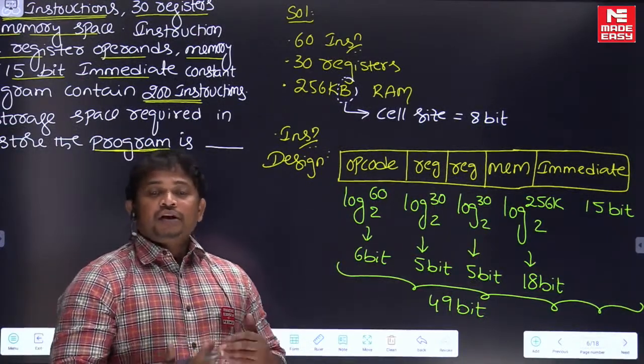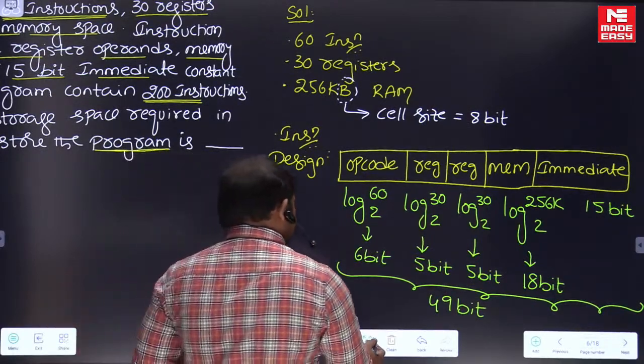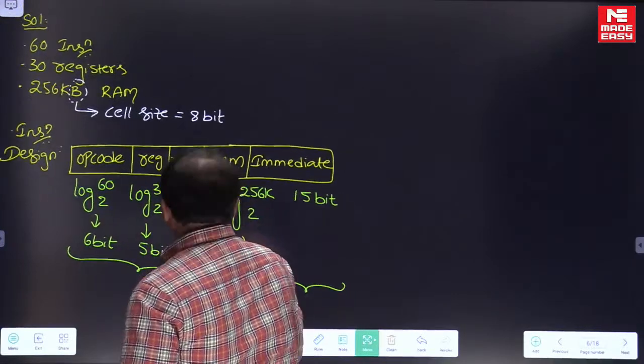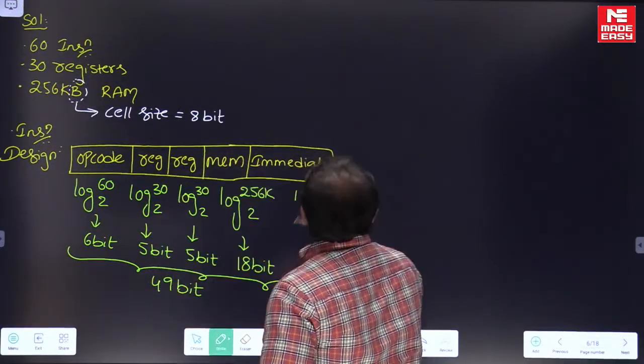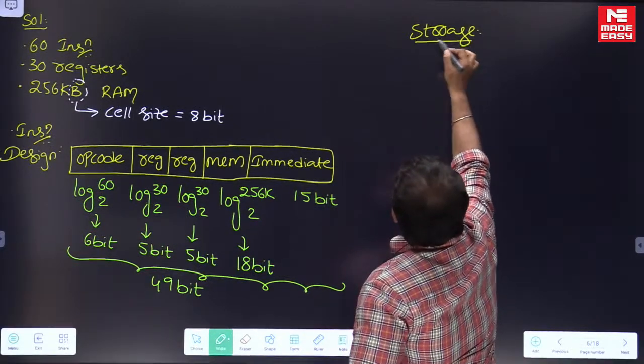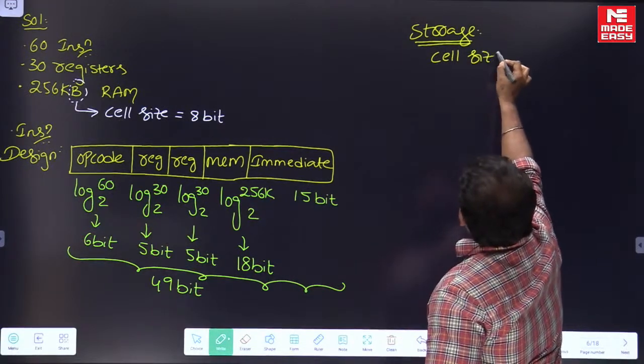Now we are going to store the instruction into the memory. A 49 bit instruction is stored into the memory. How is it stored? The storage structure is like this. What is the memory? Byte addressable memory. Cell size equals 8 bit.